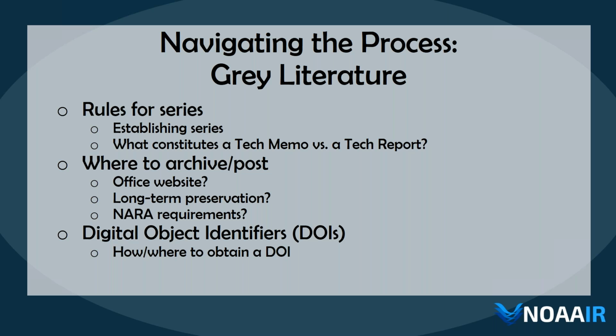And there are records and management schedules and NARA requirements that apply to all publications, as we are a federal agency. And additionally, you may want a DOI assigned to your publication. DOIs provide a permanent link that even if your paper moves from one website to another, that link remains, and it aids in citation and retrieval of the document.